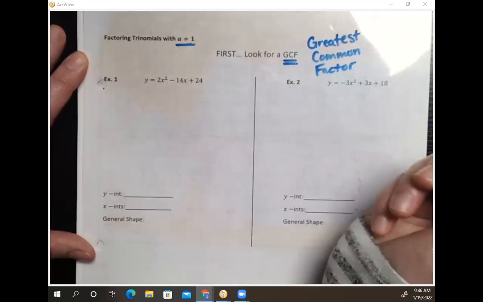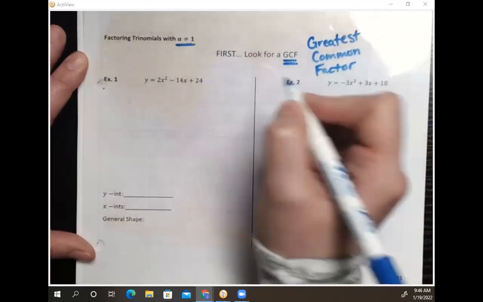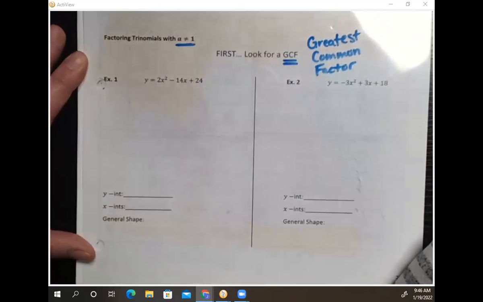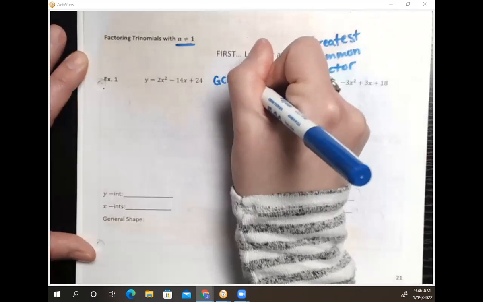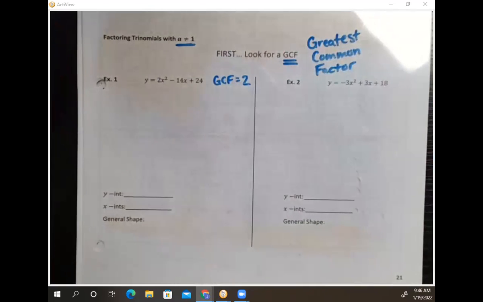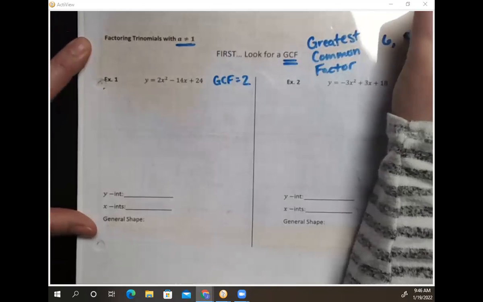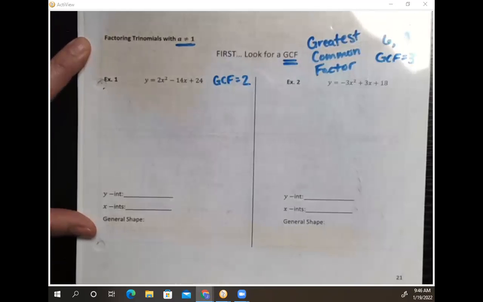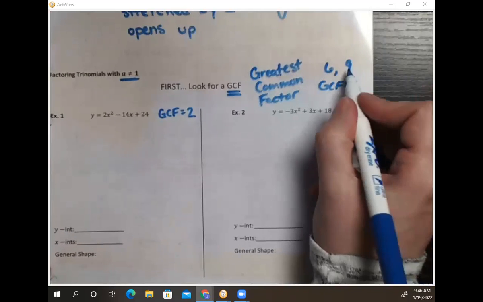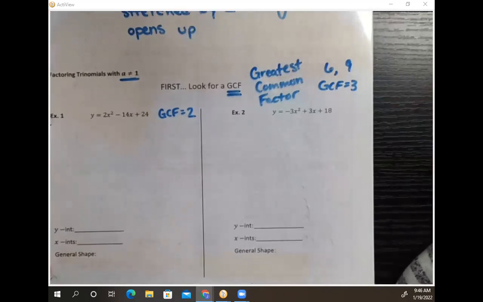My b value is -14, and my c value is 24. Those are all even numbers. That means that these all have a GCF, a greatest common factor, of 2. That means I could divide all of them by 2 with no remainders. Does that make sense? Like 6 and 9 would have a GCF of 3 because I could divide them both by 3 with no remainders. That's what we're looking for here.